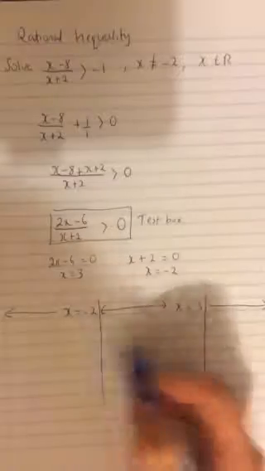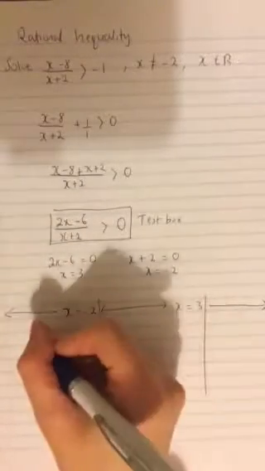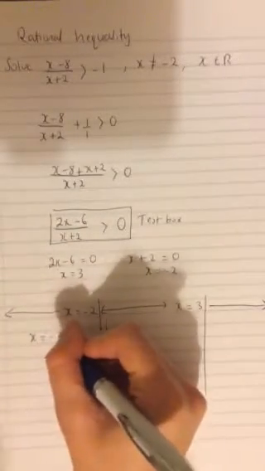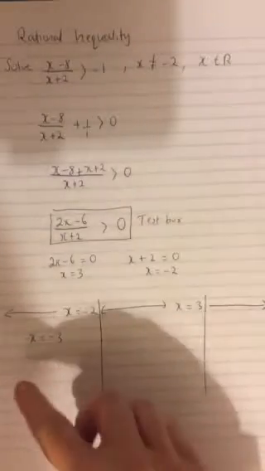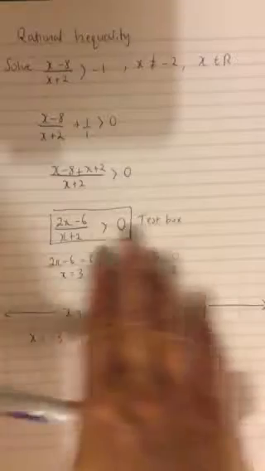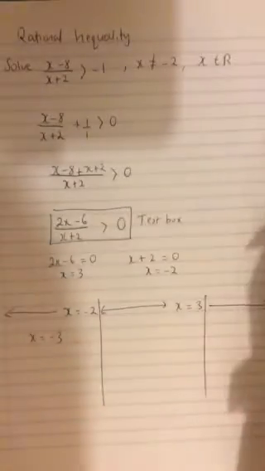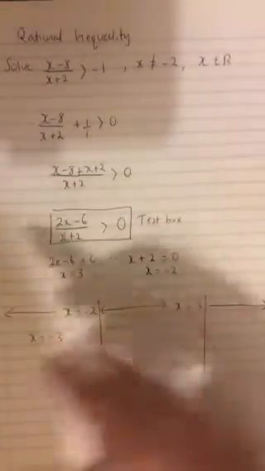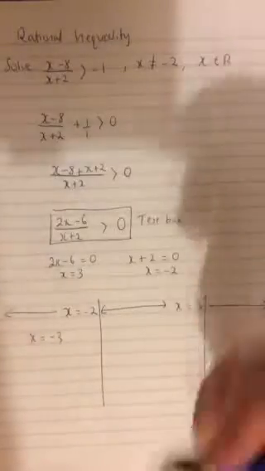So pick any value that's less than -2. If we pick x = -3, it's less than -2. We sub this value into our test box, and if the inequality works, then this is part of our solution set.